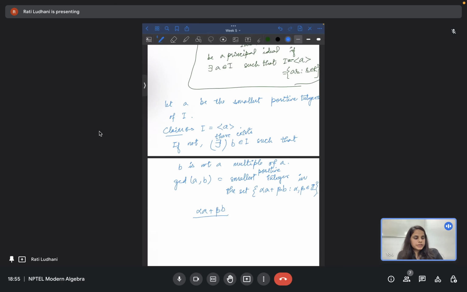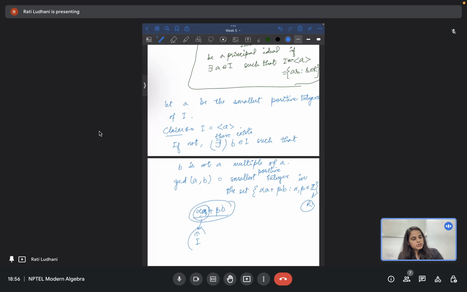Whatever alpha and beta you have, this part is a multiple of A, so this should be in I, because I is an ideal. So I is an ideal and Z is your integer ring, right? You have multiplication from the ring to A, and A belongs to your ideal, so this should be in the ideal.